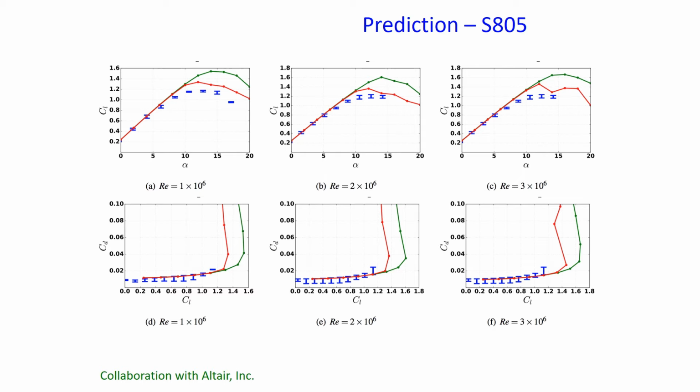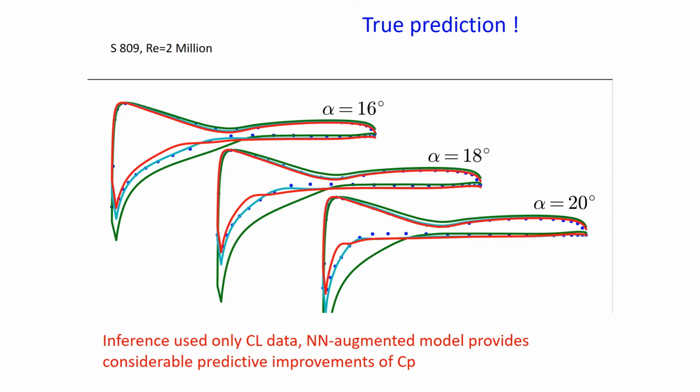If you look at how lift and drag are predicted, these are the experimental measurements. That's the original model. This is the machine learned model. In some other airfoils, it's actually doing extremely well, even for drag, so that's a good thing. And these are data sets that the model did not see during training, so we're doing proper validation.